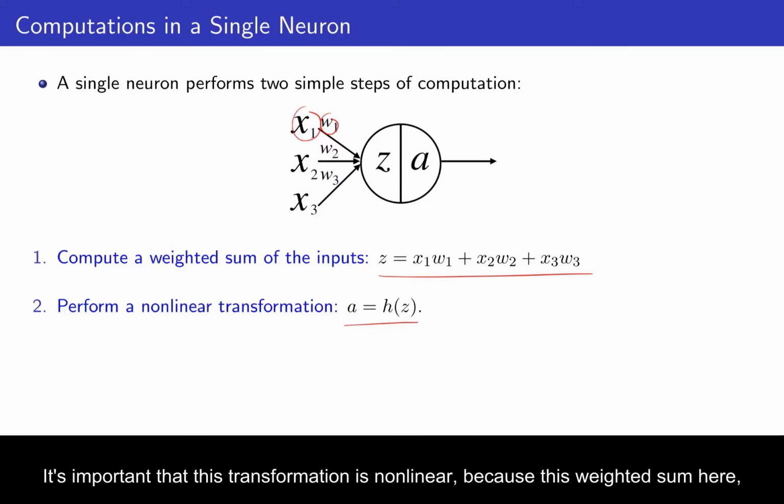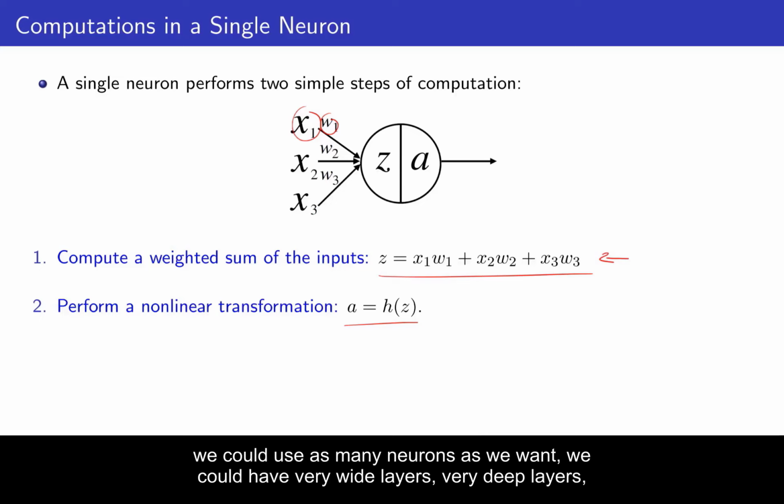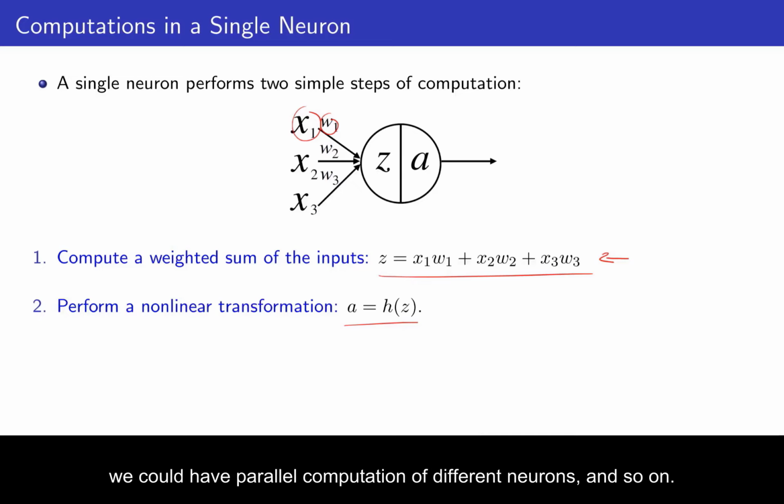It's important that this transformation is nonlinear because this weighted sum here, well, that's actually a linear operation. And if we only had linear operations like this, we could use as many neurons as we want. We could have very wide layers, very deep layers. We could have parallel computation of different neurons and so on.